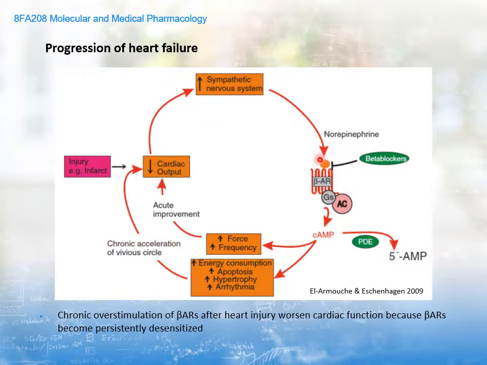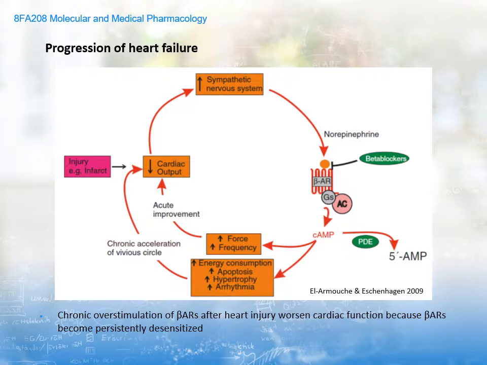The result is that this internal loop that was an acute compensation ends up running into the external loop, which is the chronic situation. In the chronic situation, the heart starts consuming more, there is apoptosis, there is hypertrophy, there can be arrhythmia, and this is a vicious cycle. Further sympathetic stimulation is no longer able to trigger the acute improvement. So in the long term, because the beta-adrenergic receptors are chronically stimulated, there is a worsening in cardiac function as a result of the chronic desensitization of the beta-adrenergic receptors.